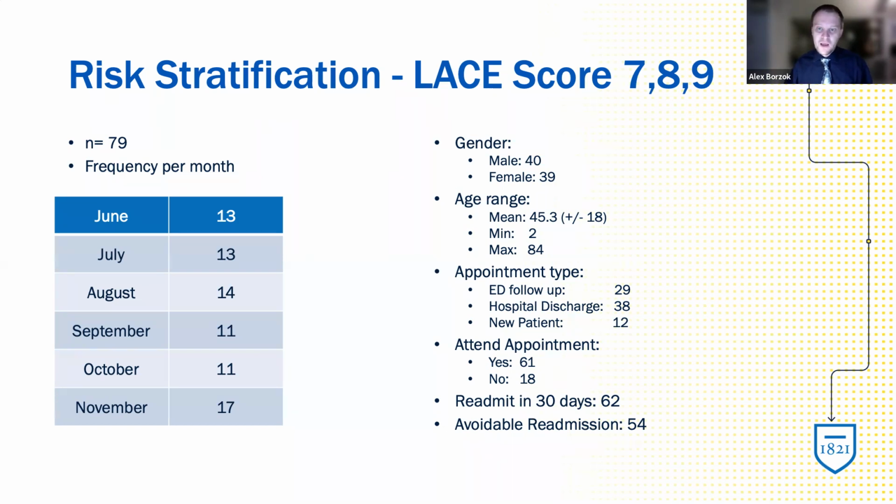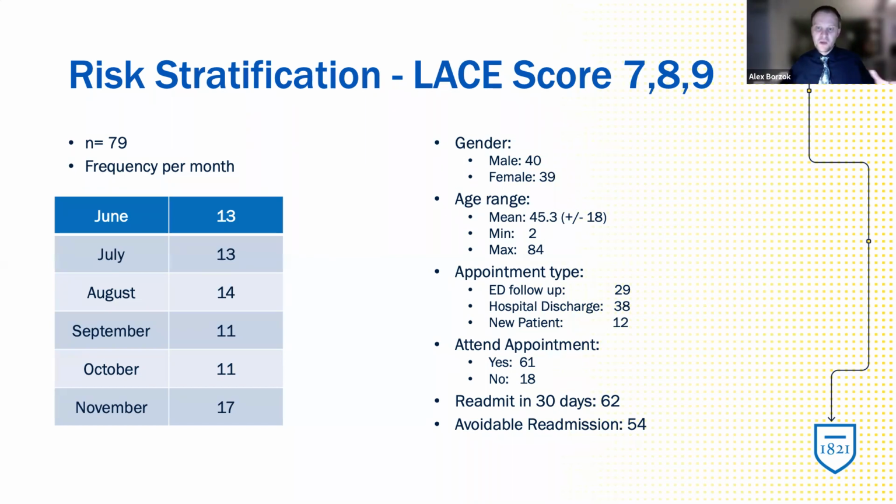Again, looking at the descriptive statistics, this is something very different. The mean age of these patients was a little lower than the mean age for patients with a LACE score of 11. For LACE 7, 8, and 9, the mean was 45 plus or minus 18, with a minimum age of 2 years old to a maximum age of 84.